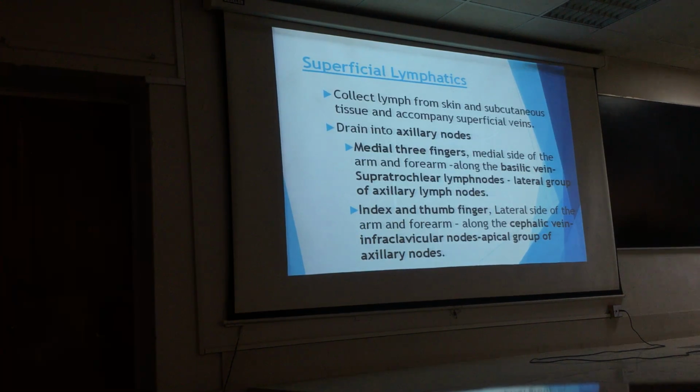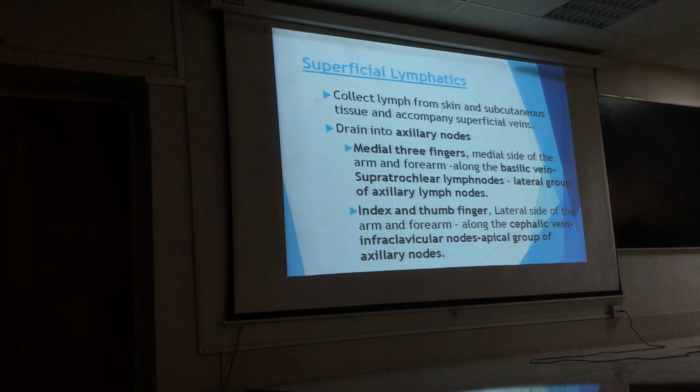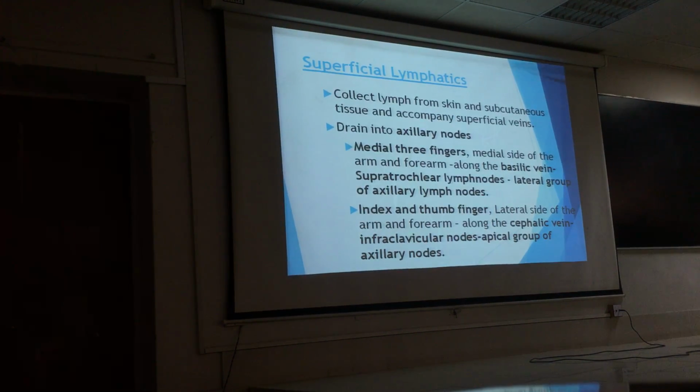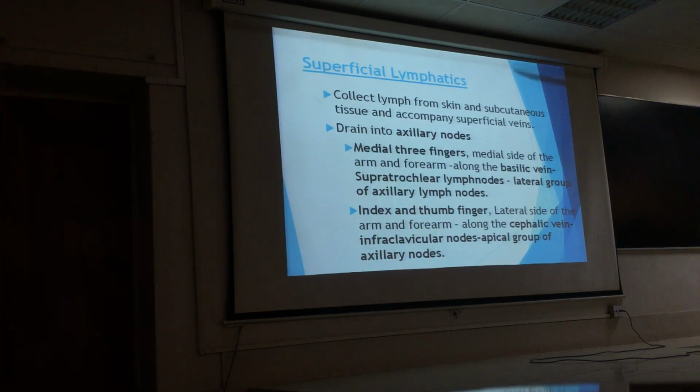Now, according to the terminologies, the lymphatics are draining into the axillary lymph nodes, the medial side into the lateral or the humeral group of the axillary lymph nodes, and the lateral side into the apical group of the axillary lymph nodes.